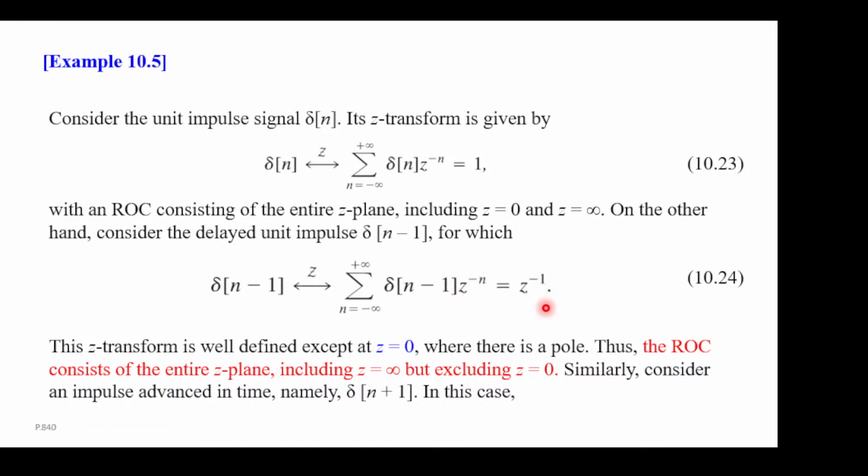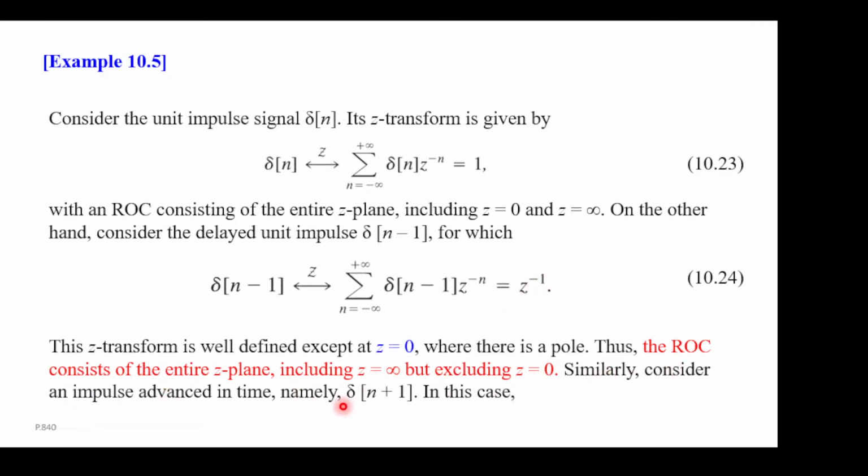And as we said, z to the minus 1 will diverge at z equals 0. So it has a pole at z equals 0, so the ROC doesn't include z equals 0. But this is converging at z equals infinity, because at z infinity this is 0. And so the ROC is everything except z equals 0.